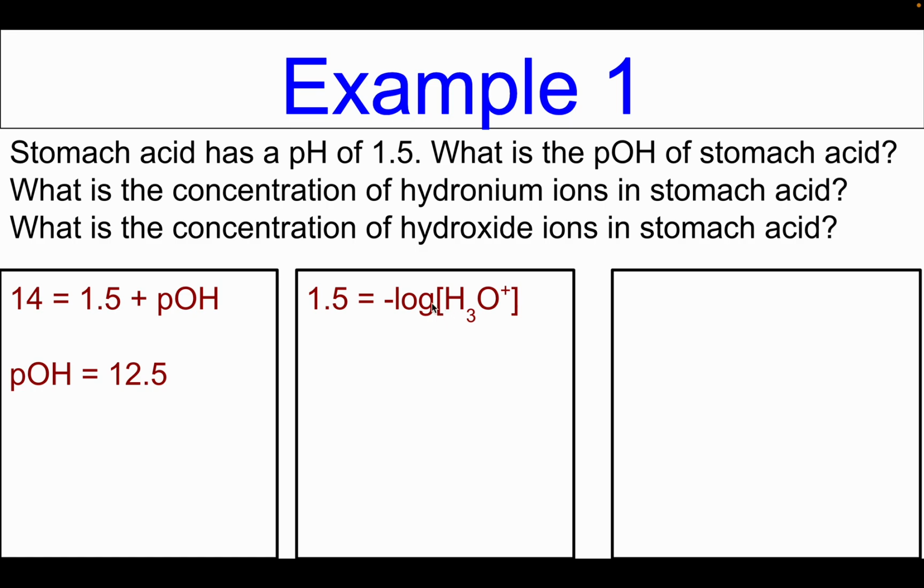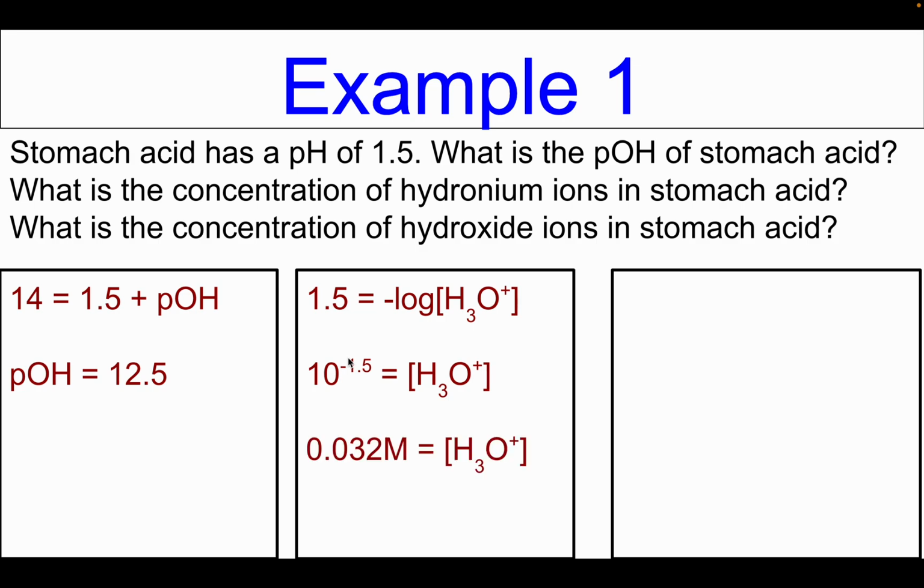Remember that this log is base 10. So after we divide by the negative sign, we take the left side of this equation and put it in the exponent of 10. We end up with 10 to the -1.5 power equals the hydronium ion concentration. Then you just type this into Desmos, and it'll spit out an answer.